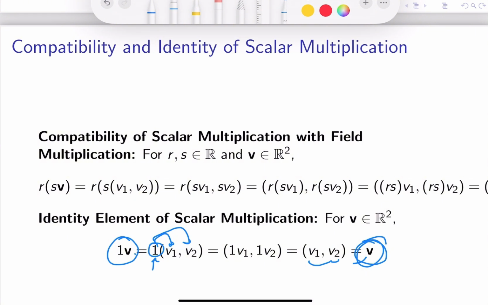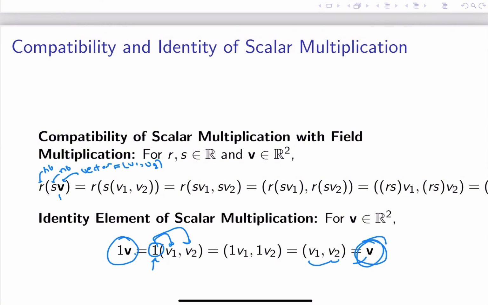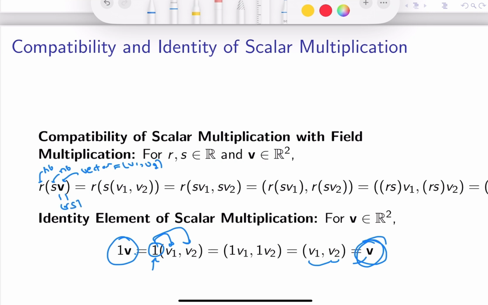So you need to check this: this is a number, this is a number, and this is a vector. By vector, I mean that it takes the form v1, v2, right? So if you start with any vector and multiply v by a scalar and then multiply that by r, this should be the same as multiplying rs and then multiplying that by v.